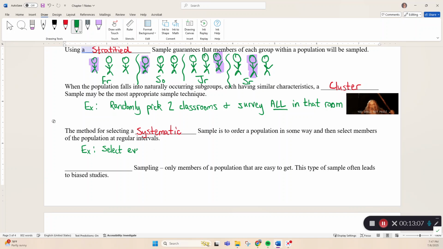You select every 13th student and alphabetize the list. So, you picked Billy Bob.